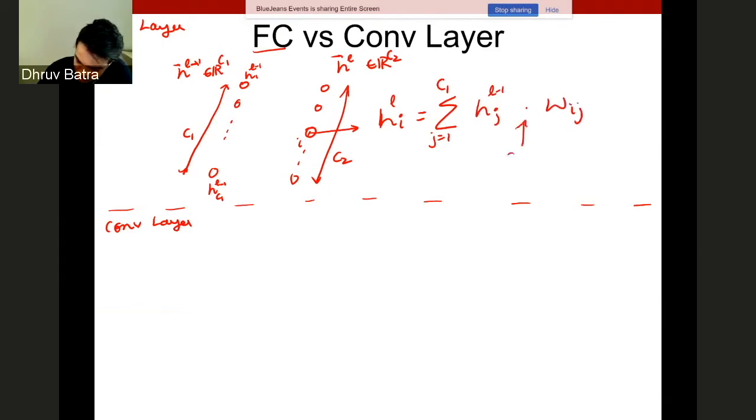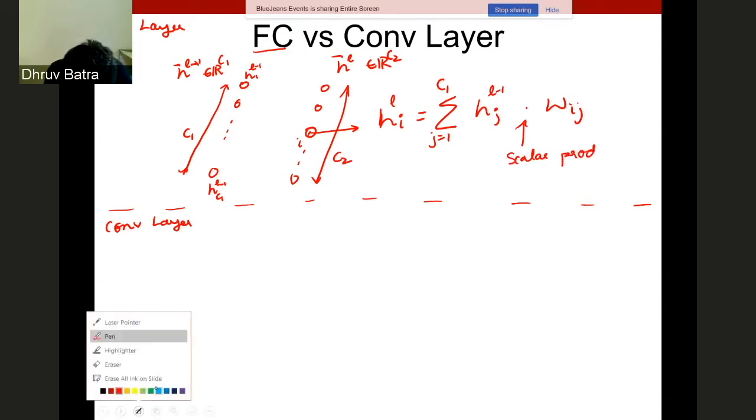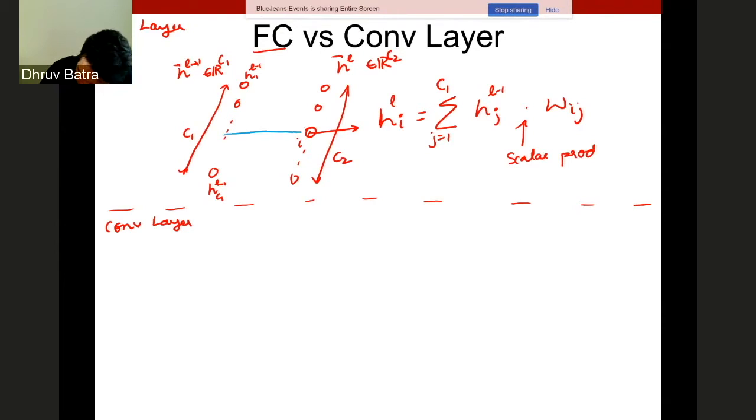This right here is a scalar product. And what is W_ij? W_ij's are these weights, so between the jth neuron and the ith neuron, there is a W_ij. This scalar is W_i1. This on this edge is W_iC1, and so on.